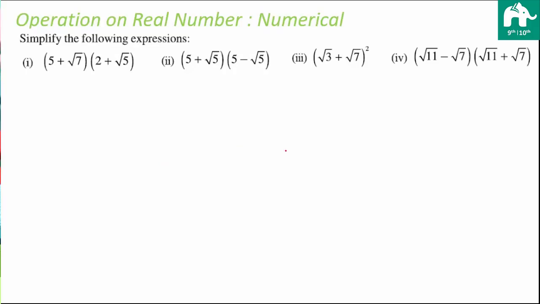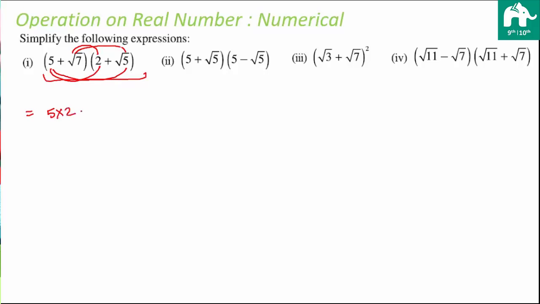Simplify the following expressions. These are very simple simplifications. We will make use of the properties like the commutative property, the associative and the distributive property, and we will solve them. Let's try the first one: 5 plus root 7 into 2 plus root 5. What we will do is 5 multiplied by 2, plus 5 multiplied by root 5, plus root 7 multiplied by 2, plus root 7 multiplied by root 5.